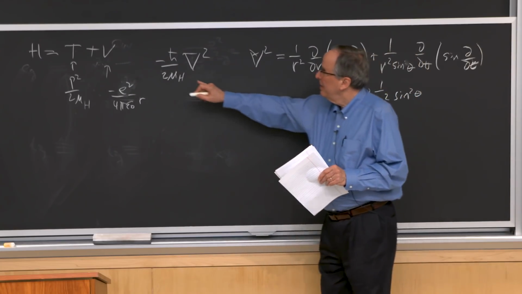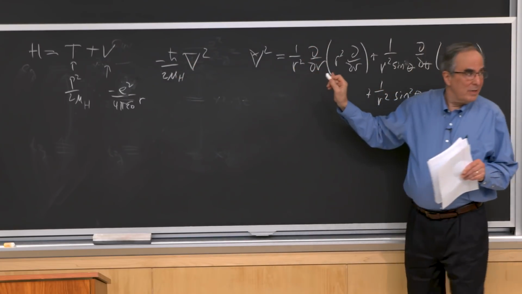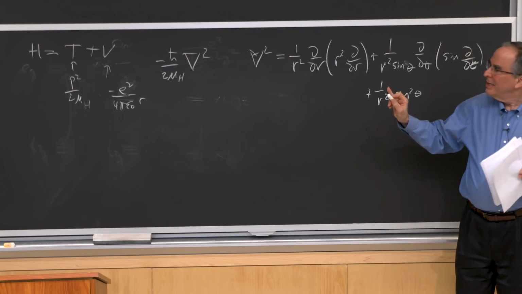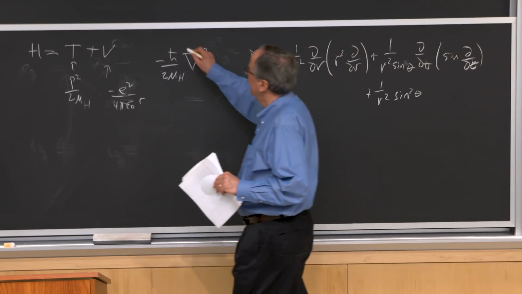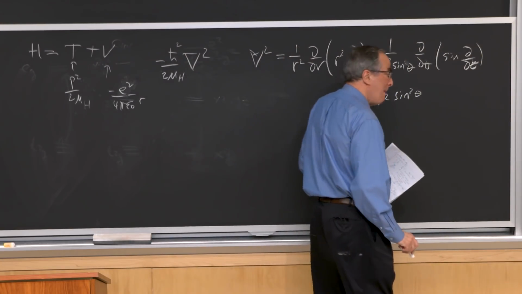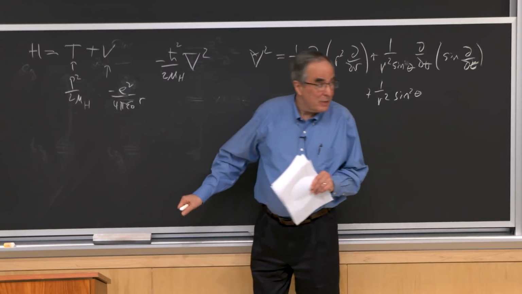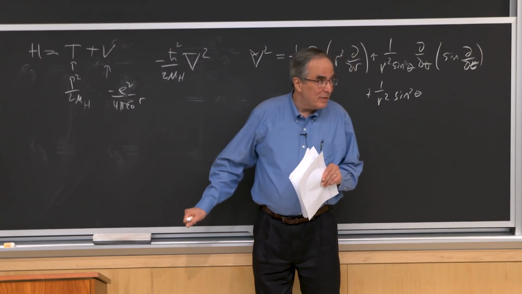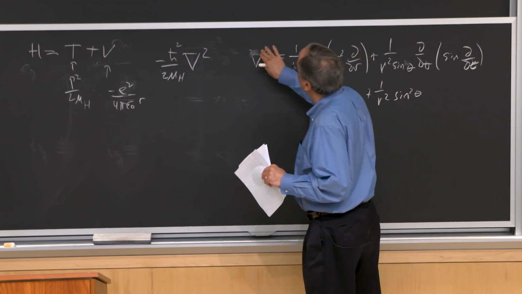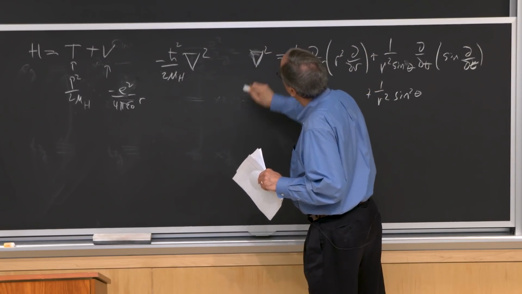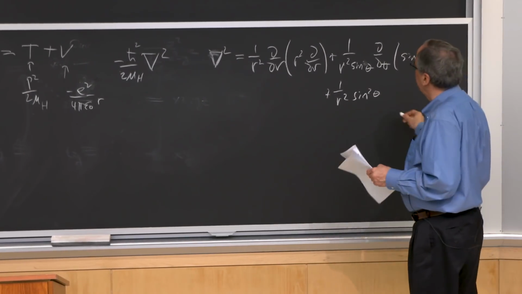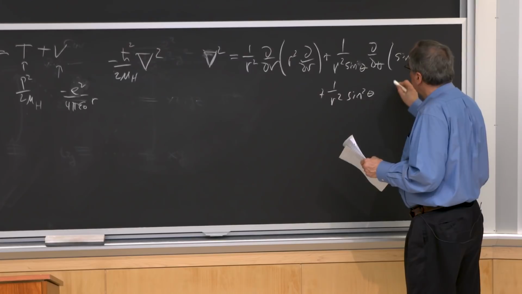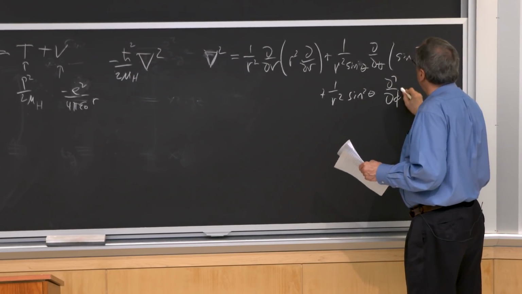Yeah, but I'm just doing del squared, right? With your first del, it's h bar squared. Oh, yes, yes. It looks like a terrible thing. All right. And the last part is second derivative with respect to phi.